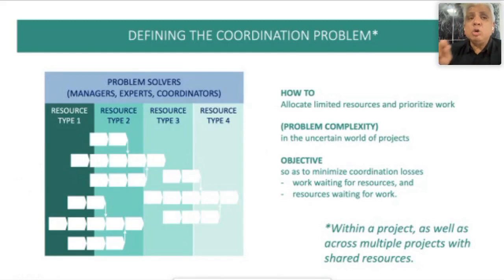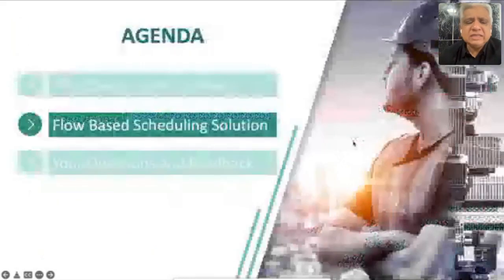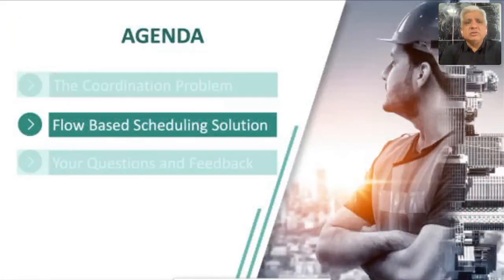So you optimize your cash flow, your costs, and your revenues if you get projects done faster. So the only objective is to minimize these coordination losses. How do we do that in this uncertain world of projects? With this, I will go into the flow-based scheduling solution.